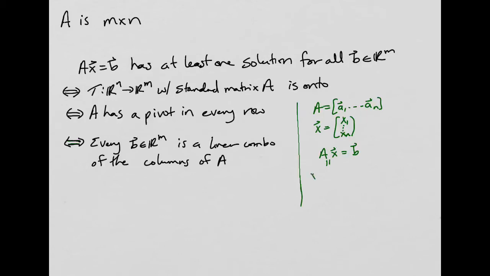So A times X, I can write it as x1 times A1 plus x2 times A2, all the way down the line. And when I write it this way, this is precisely the definition of a linear combination. I have that B is a linear combination of A1, A2, AN. It's a linear combination of the columns of A.